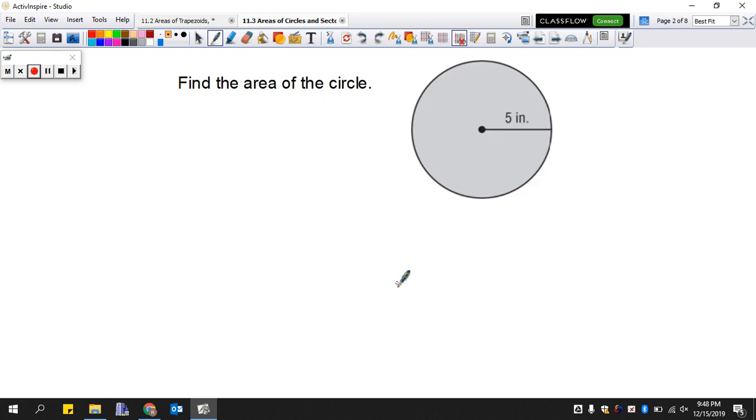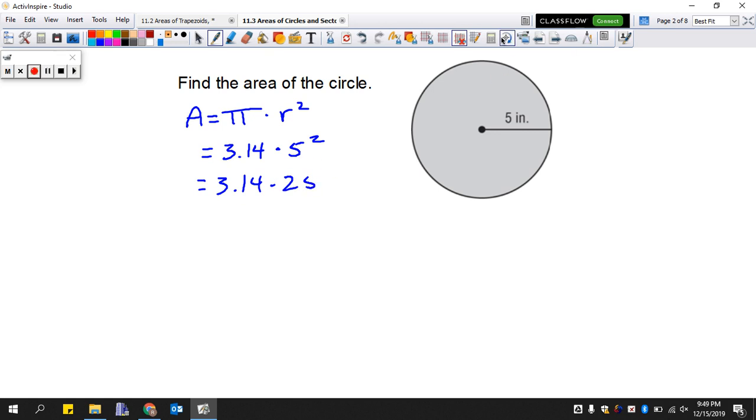Find the area of the circle. Here the area is equal to pi times the radius squared. There's a couple different ways to find pi. All calculators have a pi button on it. For the sake of our class and its simplicity, we just use 3.14, which is an approximation, times the radius, which is 5 squared, which gives us 3.14 times 25.